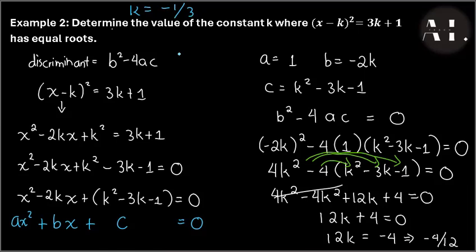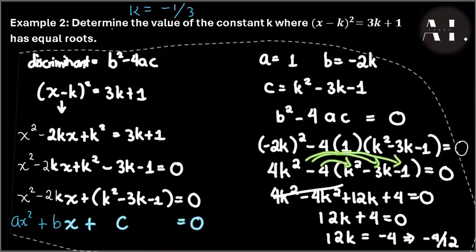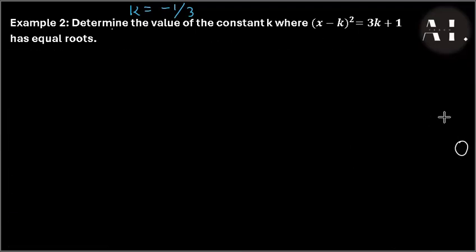Now, let's substitute k is equal to negative 1/3 back into the original equation and check if it indeed leads to equal roots. The original equation again is given by the quantity x minus k squared is equal to 3k plus 1.